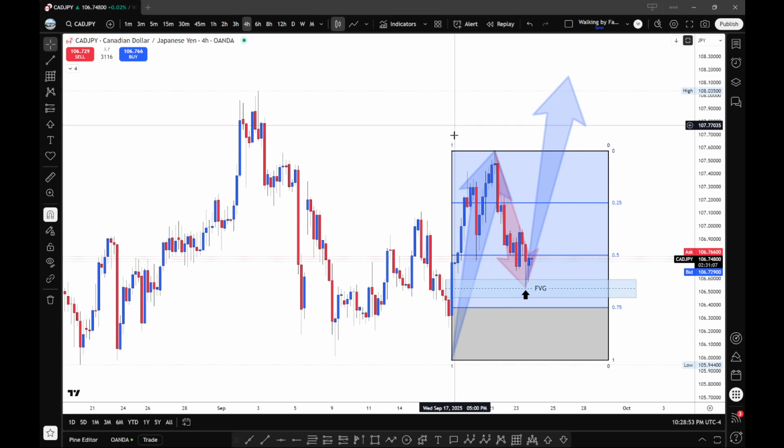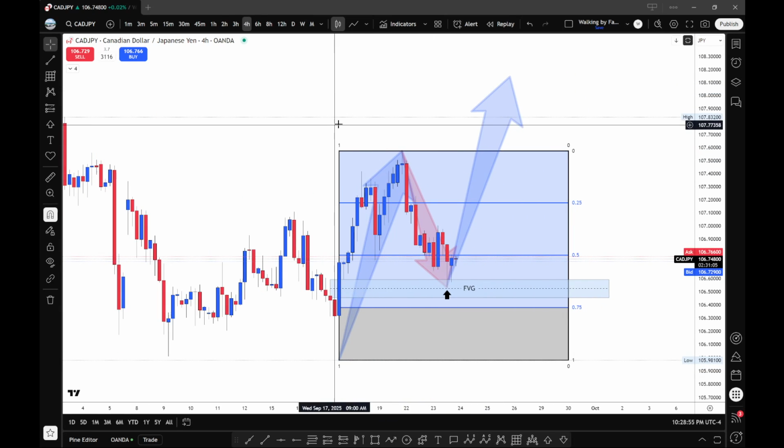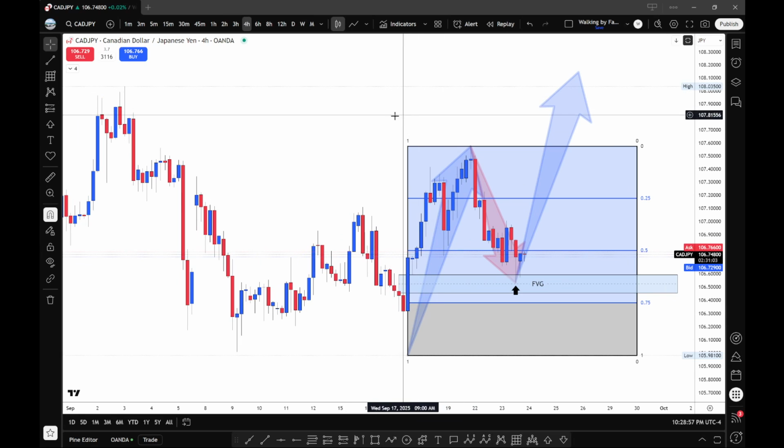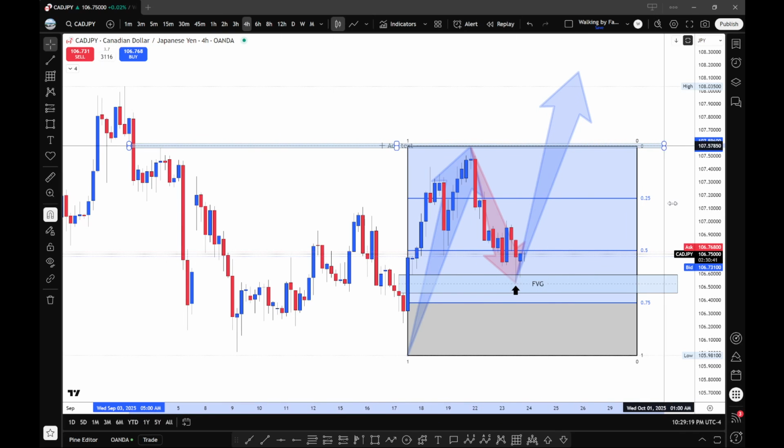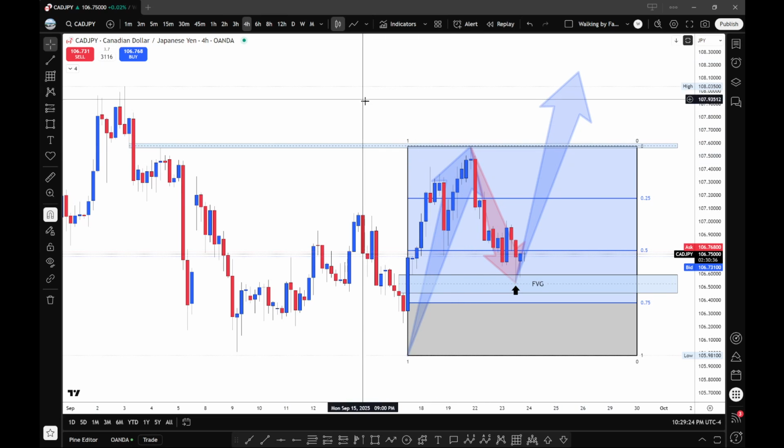So another way we could use external liquidity, which is outside of the range, is this imbalance right here. We take the wick of the previous one, and then the highest wick right here. Then we could extend it, and we can see that this actually hit that wick.